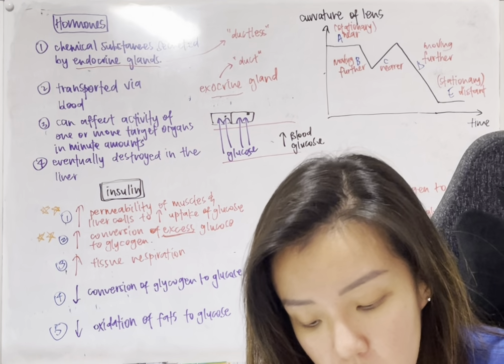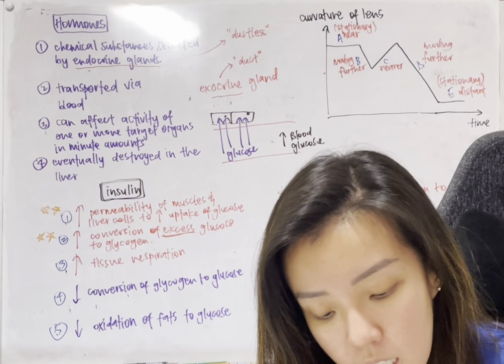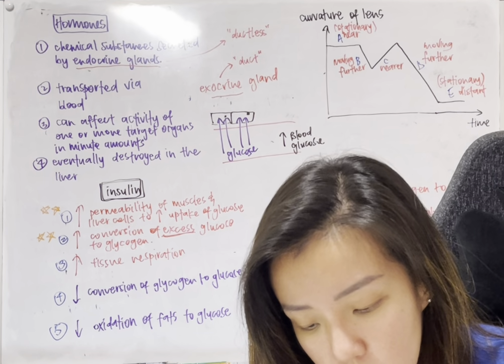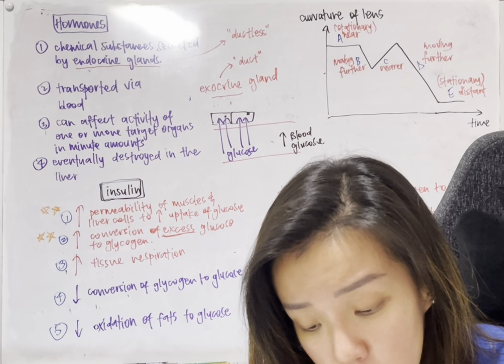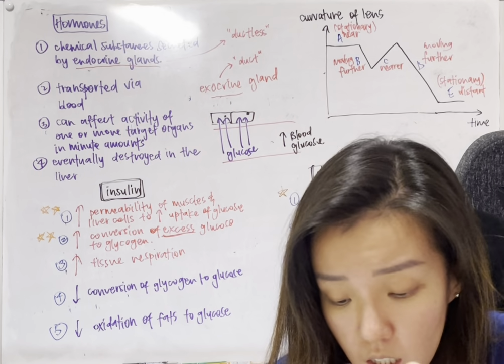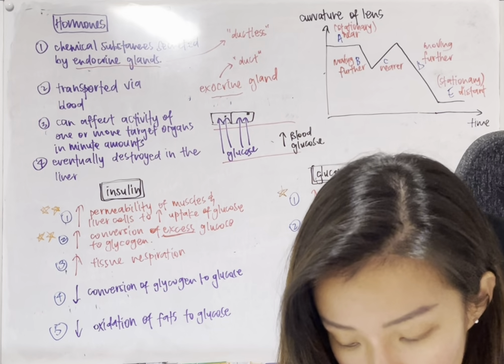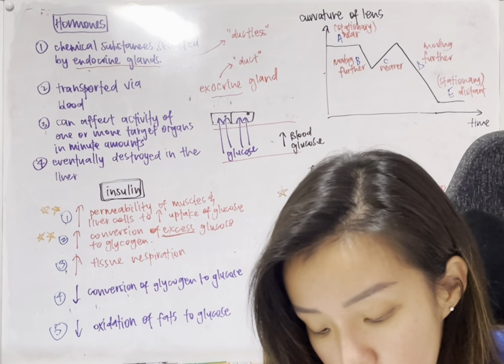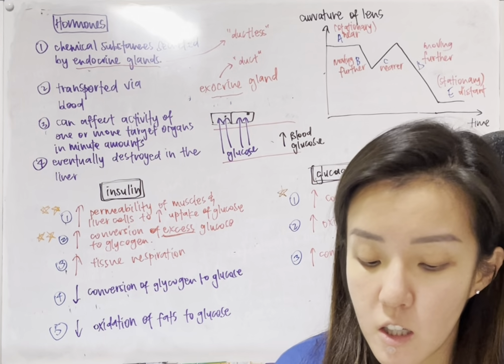Let's see which cannot be deduced from the graph above. They say A, the blood glucose concentration in X takes longer time to reach its highest peak. Can this be deduced? It takes a longer time, right? From your first hour all the way to your 3rd hour, 2 hours, whereas the other one reached a peak in a shorter period of time.